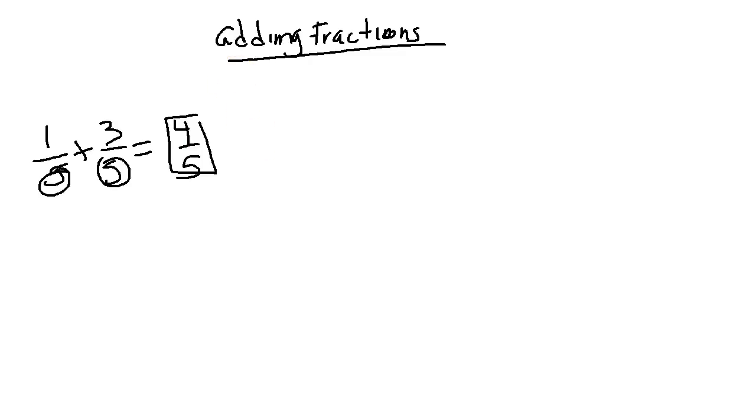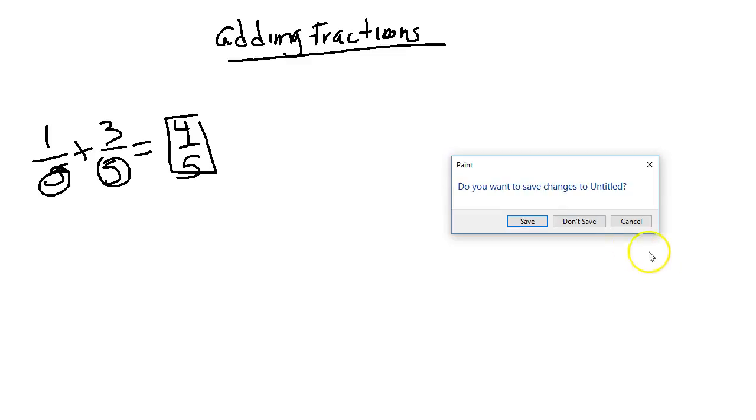That's very easy. And when you have unlike fractions when adding fractions, you have to bring them to like fractions before you even add. In order to do that, you have to do two things.